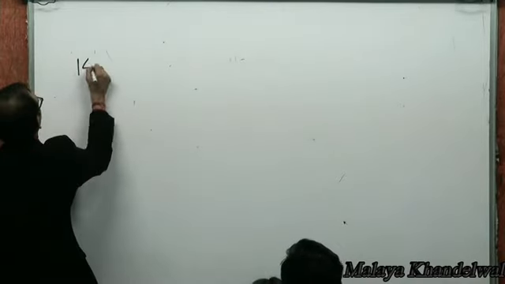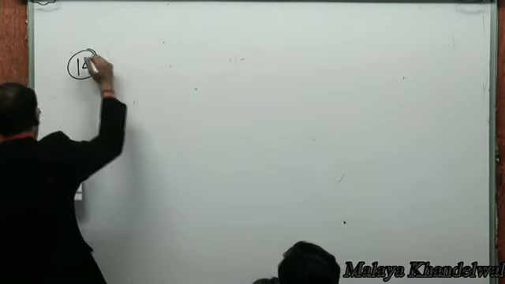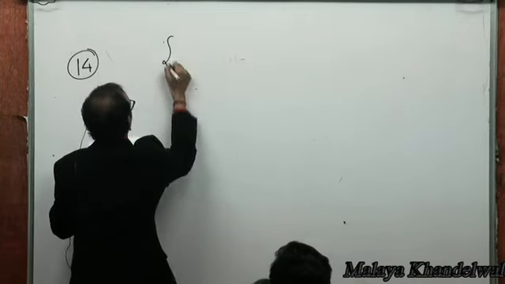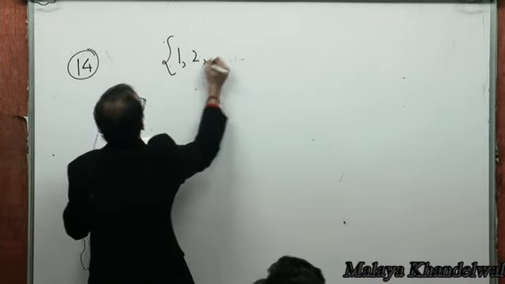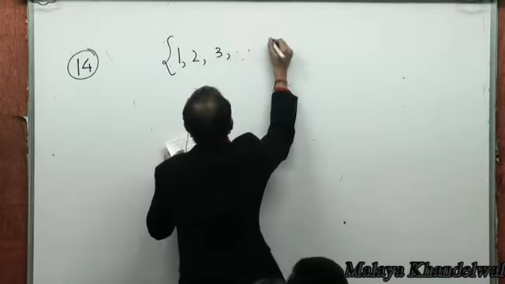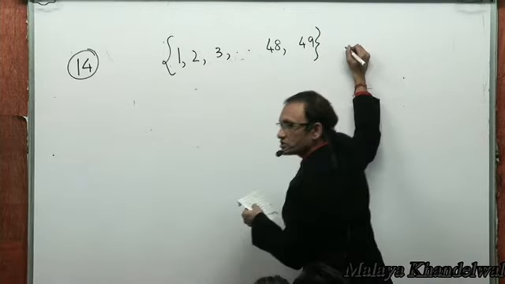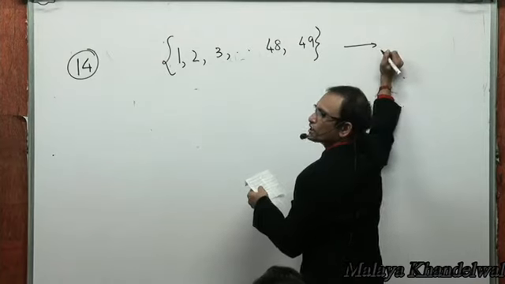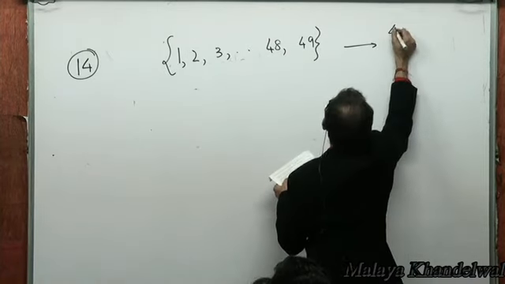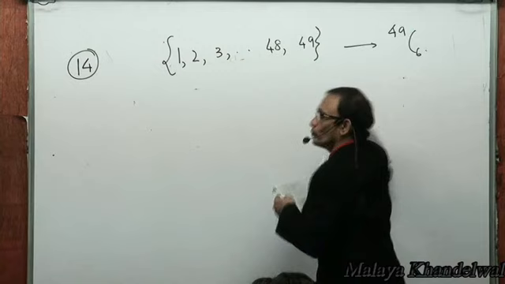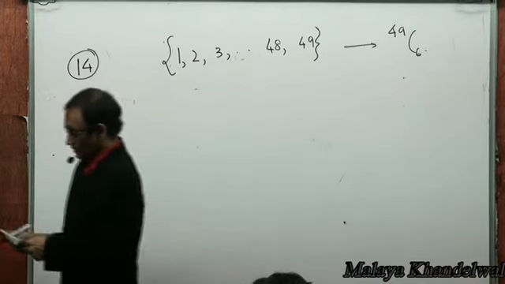Number 14. 6 numbers are chosen in a game. 1, 2, 3, up to 48, 49. 6 numbers are first chosen from this. In how many ways, without condition, can you choose 6 numbers from this? 49 C 6 ways. Now, what is it that we want?